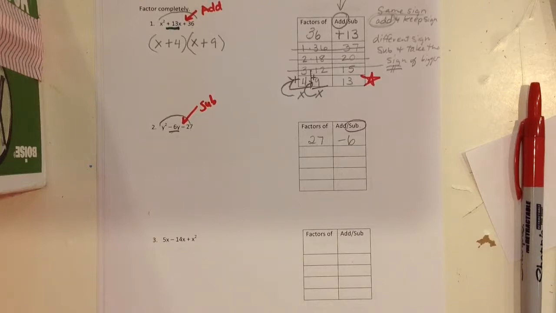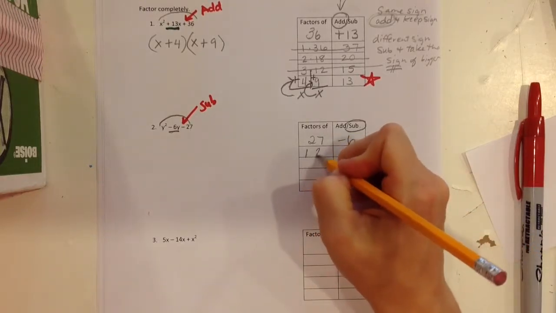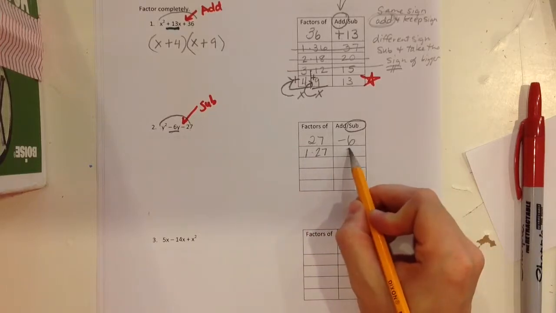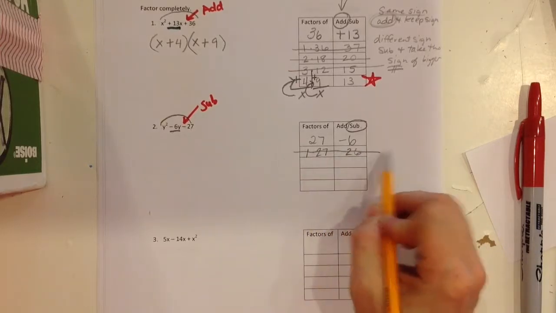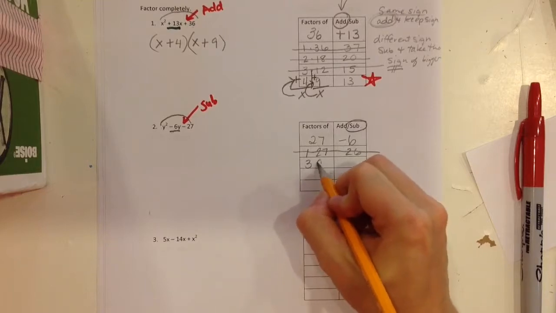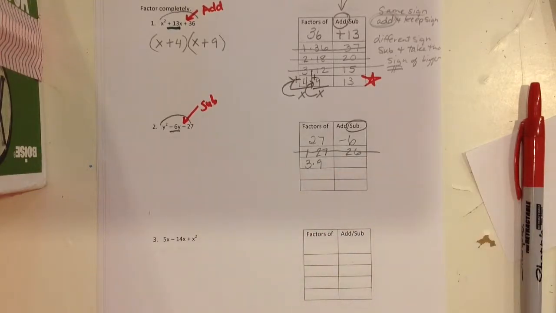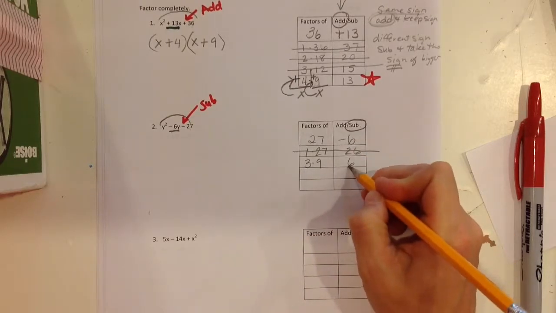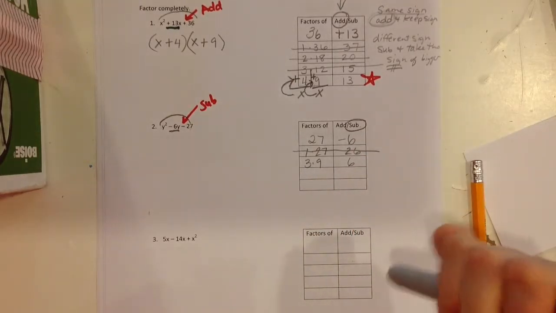So let's think of the factors of 27. I know I have 1 and 27. If I subtract them, I get 26. That doesn't help me. 3 and 9 are the next factors of 27. If I subtract 3 and 9, I get 6. Yay, these are our factors.